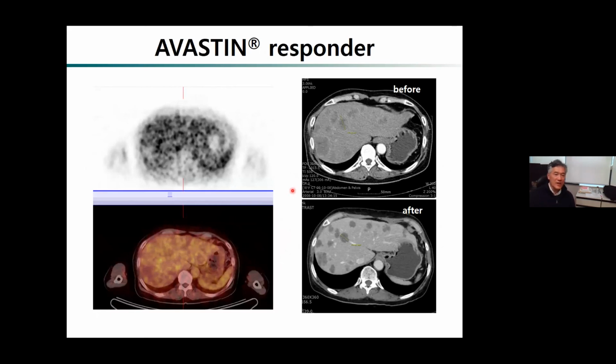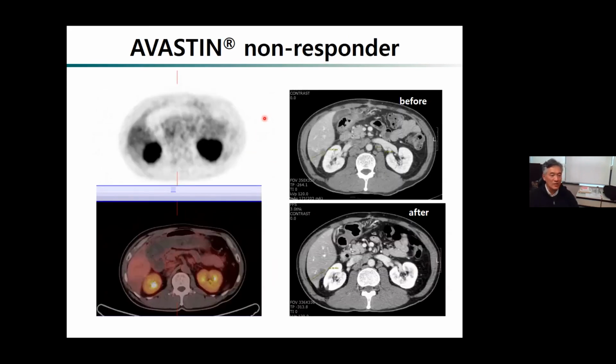And we use this gallium RGD compound for selection of AVASTIN responder or non-responder. Here you can see the high liver uptake in the gallium-68 RGD, and then it was treated with AVASTIN, and after some time you can see that AVASTIN acts as a good treatment agent.